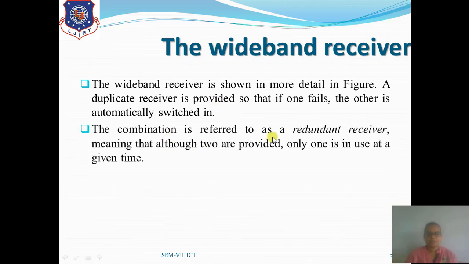This combination is referred to as a redundant receiver, meaning that although two are provided, only one is in use at a given time. Redundant means it is an extra receiver, the same as the original receiver, so that if one of the receivers fails, we can switch to the other receiver with the help of a command.